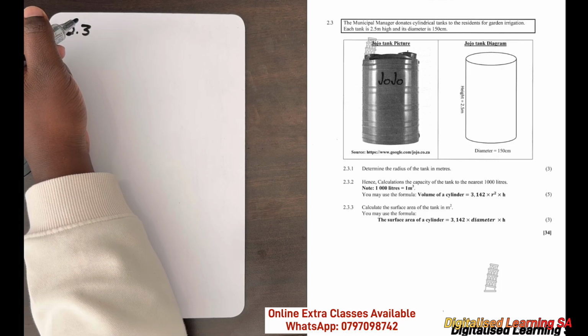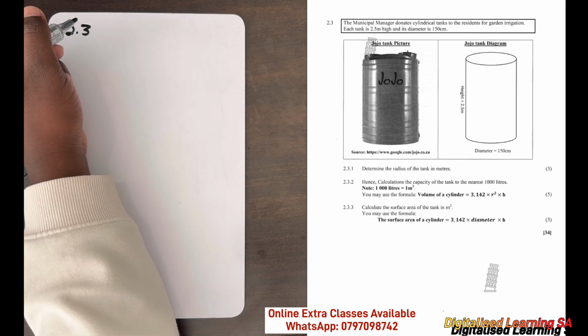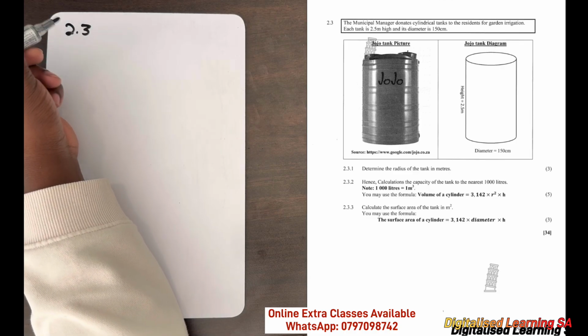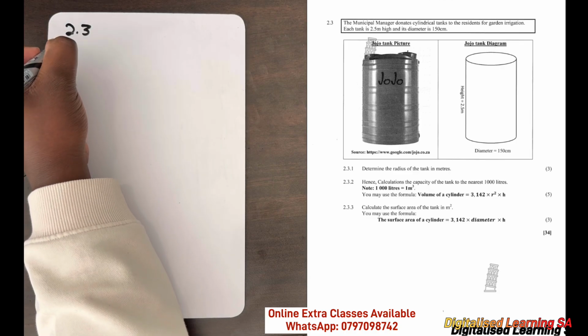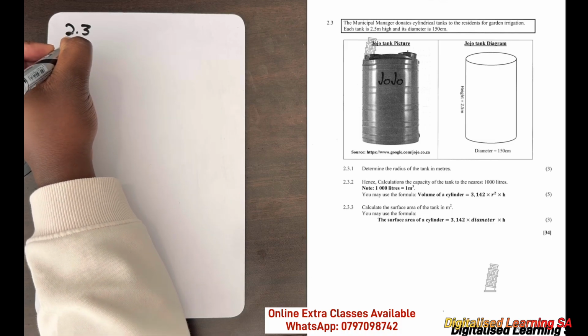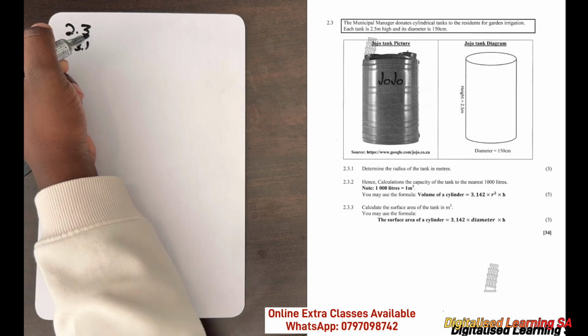Each tank is 2.5 meters high and its diameter is 150 centimeters. We are given a JoJo tank picture and a JoJo tank diagram. So we are given 2 diagrams and we have a set of questions that we need to answer based on the information that we are given and the diagram that is provided.